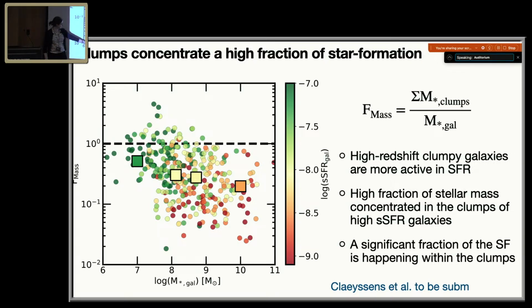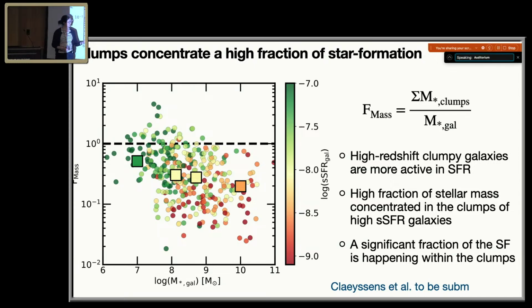It's plotted against galaxy mass and color-coded by the specific star formation rate of the galaxy. What we see here is that the lower mass galaxies, below 10^8, are very active in star formation, and most of their mass is within the clumps, while higher mass galaxies, which are also at lower redshift because of galaxy evolution, are less active in star formation and have a lower fraction of the mass within the clumps.